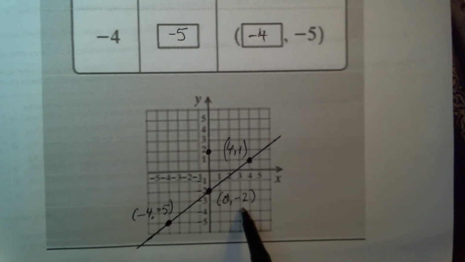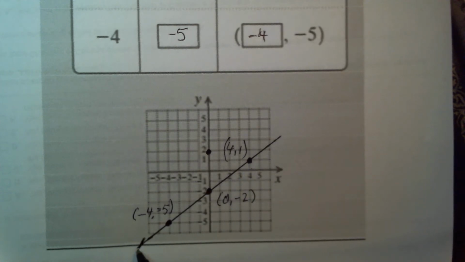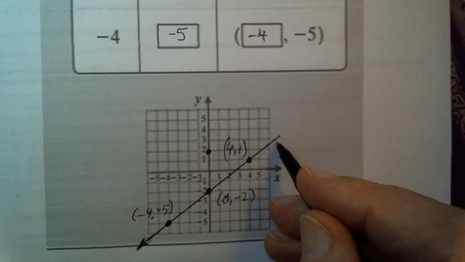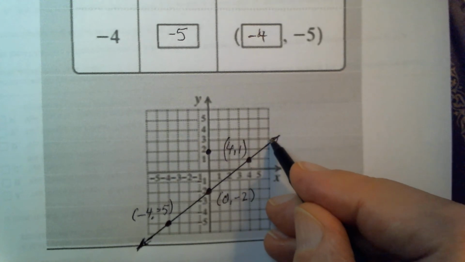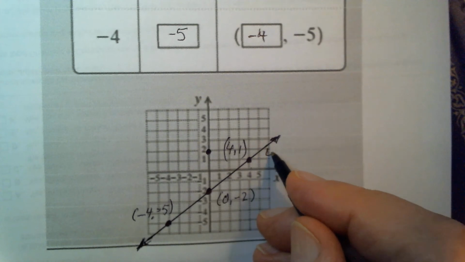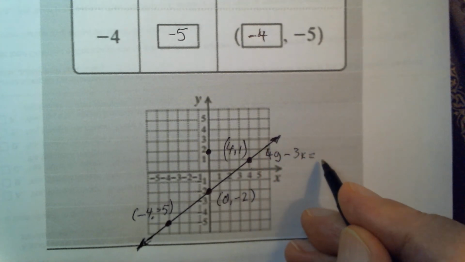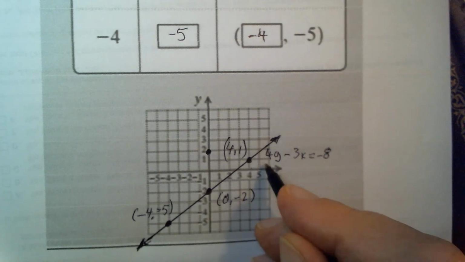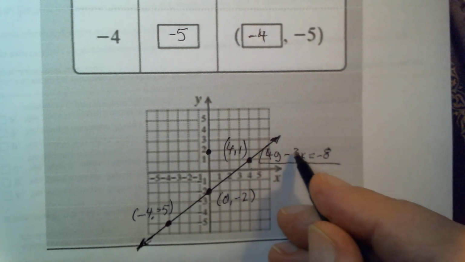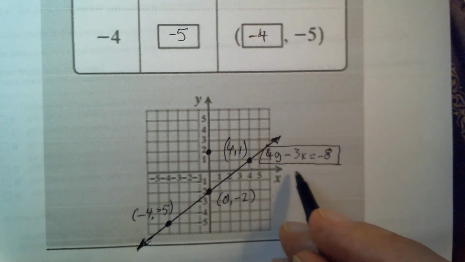Here's the point 0, minus 2, and here's the point 4, comma 1. We put arrows at the end. And we write the equation next to the line. 4y minus 3x equals minus 8. So that's the graph of this equation.